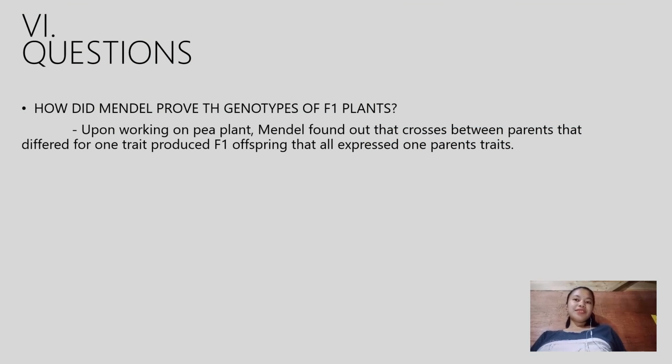So, in the question, how did Mendel prove the genotype of the F1 plant? Upon working on pea plants, Mendel found out that parents that differed in one trait produced F1 offspring that will express one parent trait.